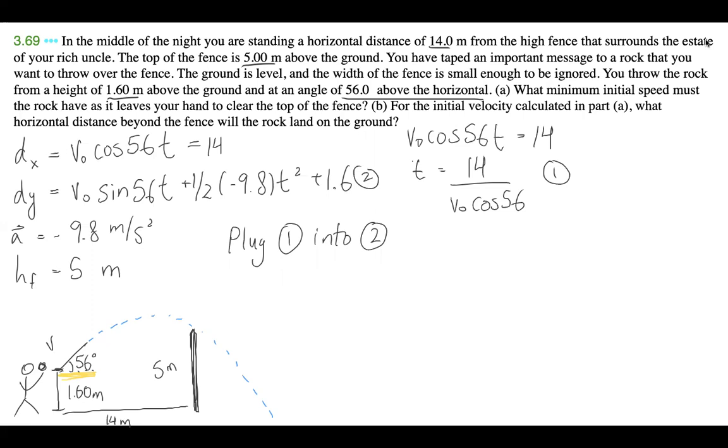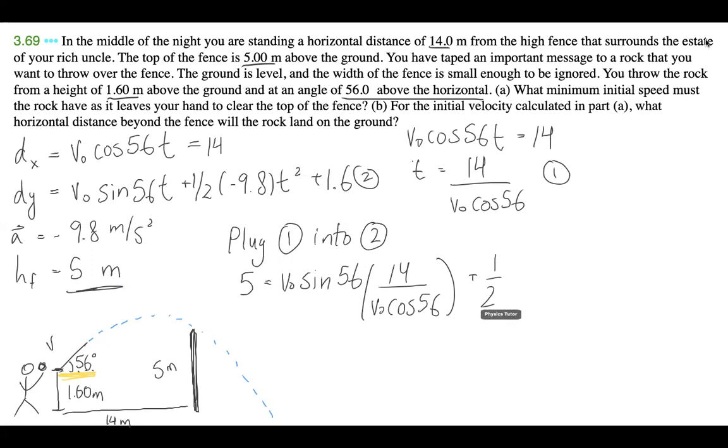So we can plug that in, and one thing is that we know that since dy is equal to 5, we can write that down right now. So we have 5 is equal to v naught sine 56 t, so 14 over v naught cos 56, plus half minus 9.8, and then t squared, 14 over v naught cos 56 squared, plus 1.6.